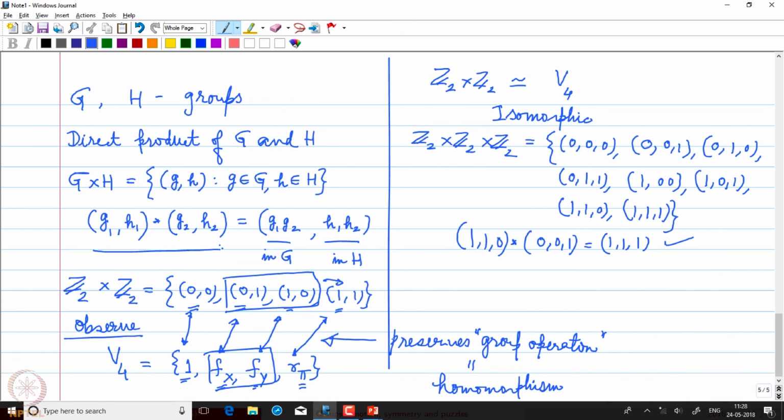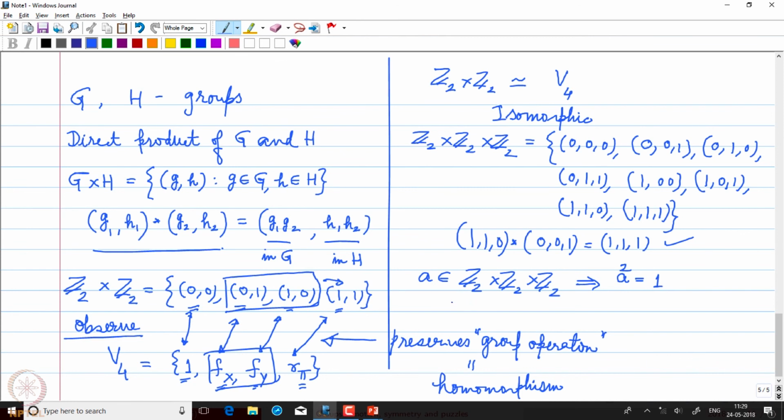So this is a group of 8 elements. All these elements have the property that if A belongs to Z2 cross Z2 cross Z2, then A square is 1. So the order of A is 2, except for the identity element where A square is 1, but the order is just 1. So this group is what we are going to use in the permutation puzzle.